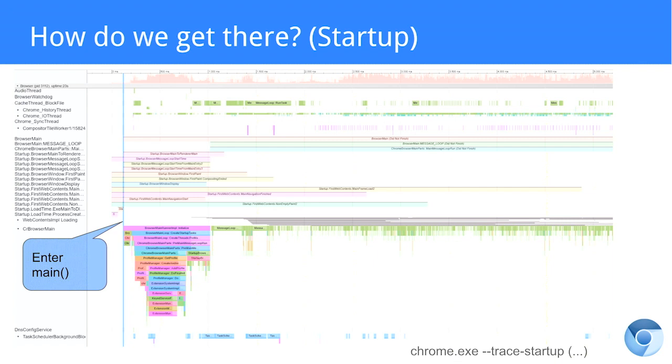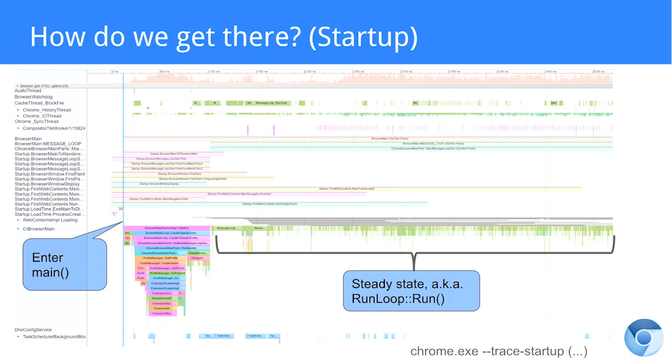And in fact, this is not the first thing, because if you look on the left-hand side there, there's a bit of things that have happened already. I apologize, the screen resolution is not really good. On the left-hand side, this is loading the exe and the DLLs. And right after that, we enter browser main. And eventually, we reach steady state, also known as run loop run, where, like I said, things are running. And this is the simple part.